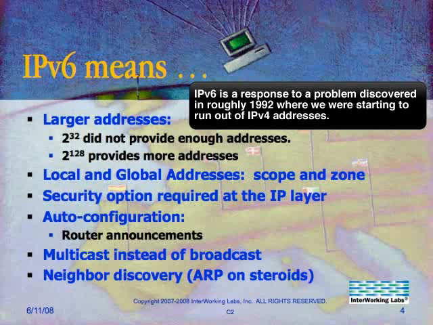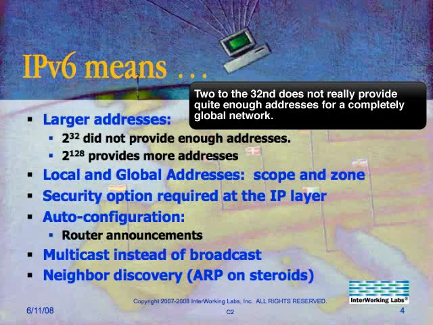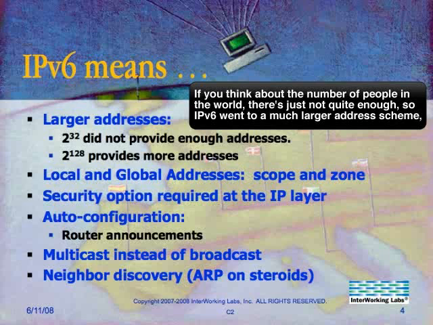IPv6 is a response to a problem discovered in roughly 1992, where we were starting to run out of IPv4 addresses. 2 to the 32 does not really provide quite enough addresses for a completely global network. If you think about the number of people in the world, there's just not quite enough.